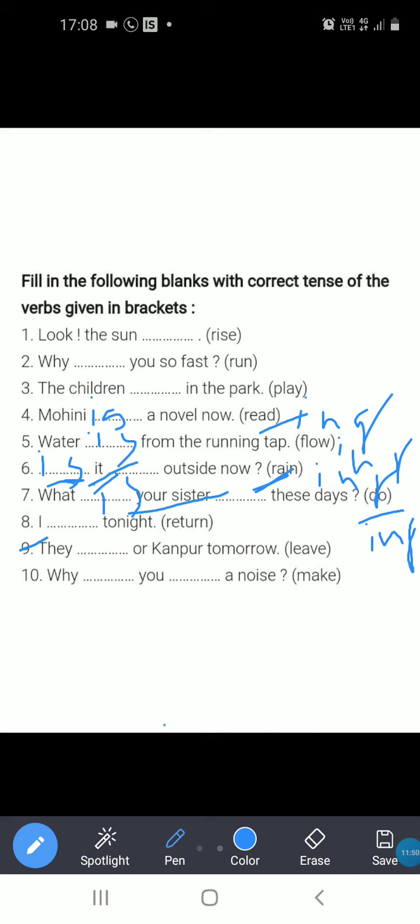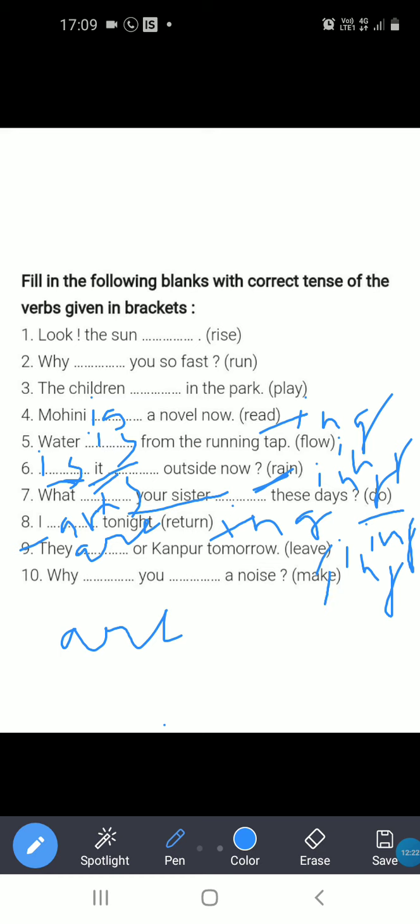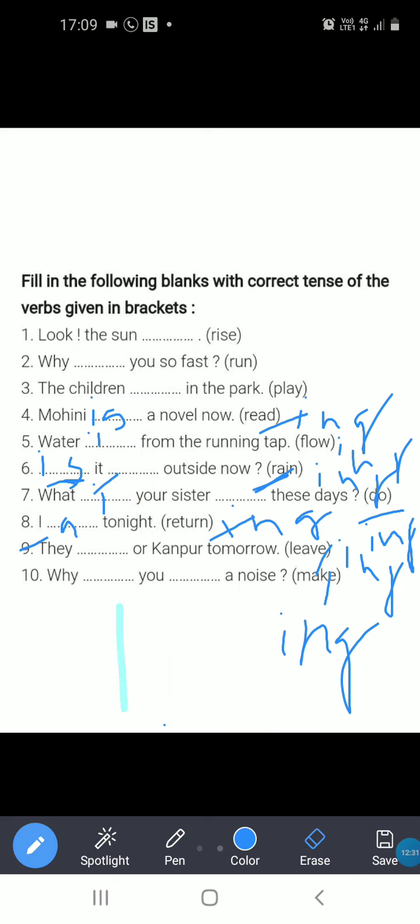I: we always use am with I. I am returning tonight. They are leaving. We remove the e and add ing. Leaving Kanpur tomorrow. Why are you making? We remove the e again and add ing. Why are you making a noise? Okay.